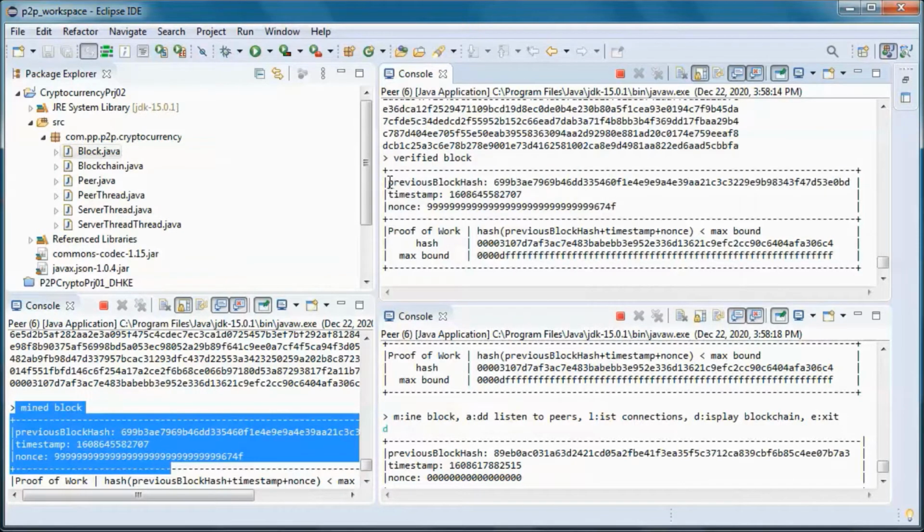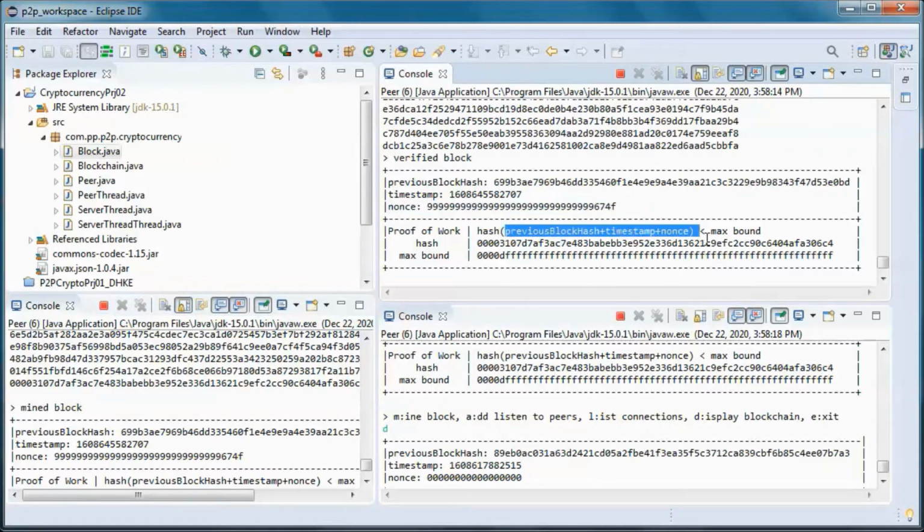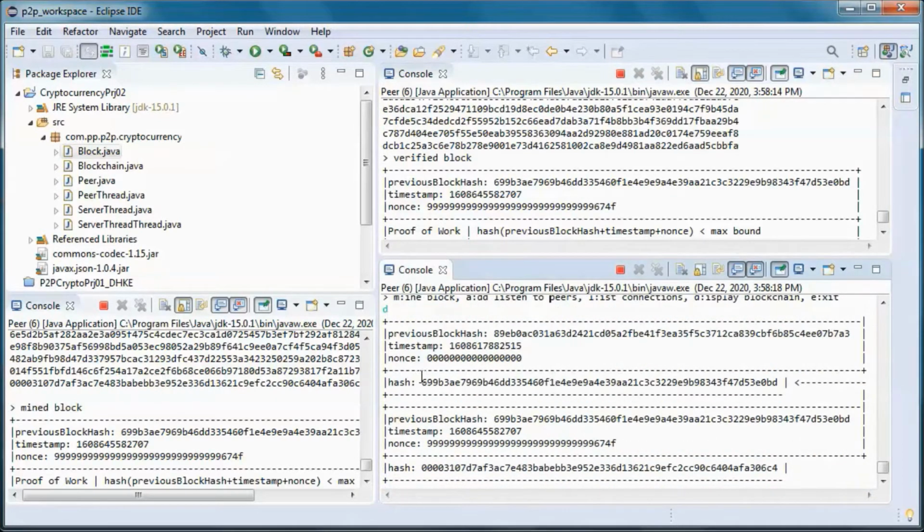So they received the previous block hash, the timestamp, and the nonce from this peer. And they performed the hash and verified that it is smaller than the max bound. Same for this one.